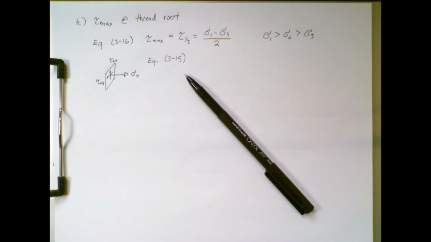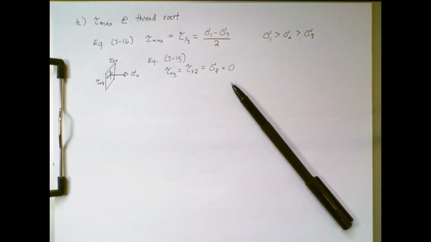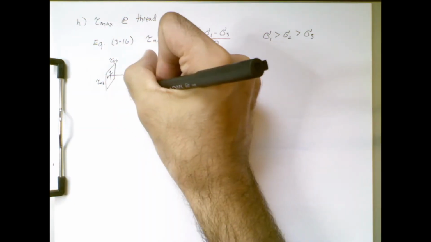Now, let's write this out and see how things simplify, and let's test this hypothesis that sigma x is a principal stress. If it is a principal stress, it will be a root of equation 315. Let's test that out. First, I'm going to identify that these three quantities, tau xy, tau xz, and sigma z, are all equal to 0. This allows us to simplify equation 315 significantly.